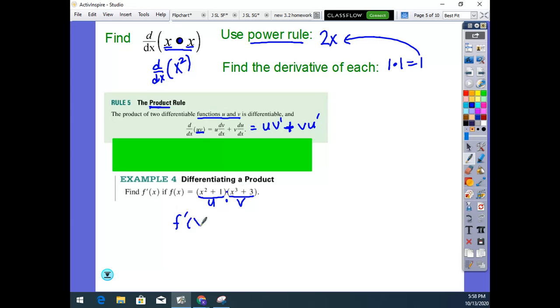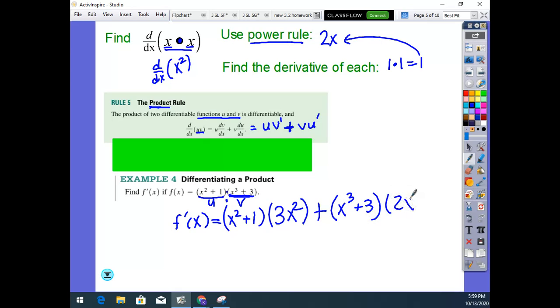So to find the derivative, I'm going to take u, x squared plus 1, times v prime, the derivative of v, plus v, x to the third plus 3, times u prime, 2x. So notice this is u v prime plus v u prime.